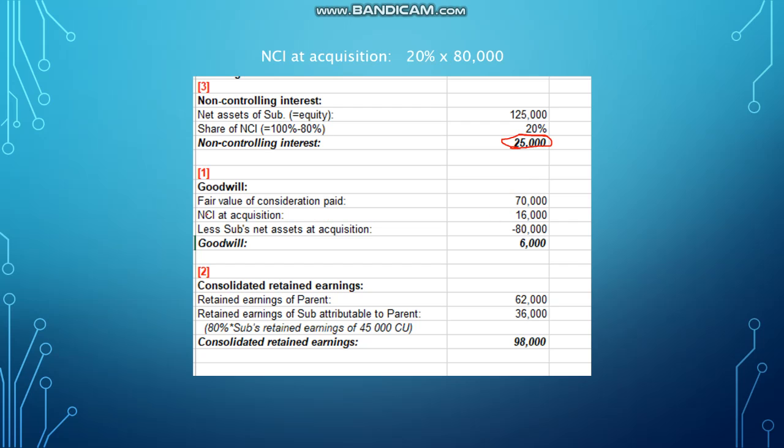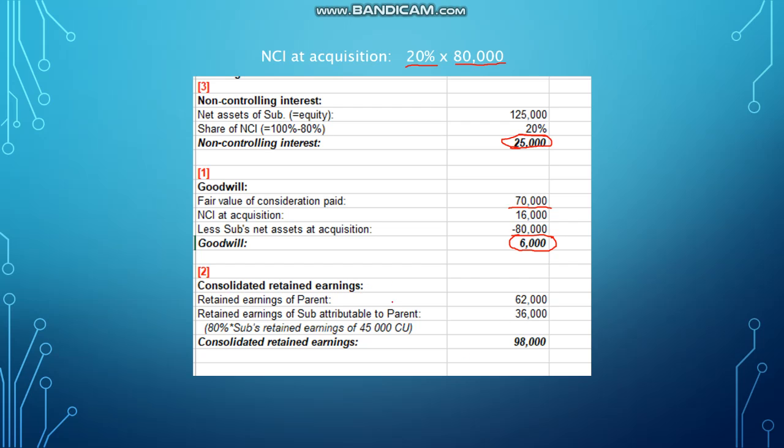Secondly, we'll do goodwill, which is the fair value of the consideration paid, which is in other terms our purchase price, which was that $70,000 investment in the subsidiary. Then the non-controlling interest at acquisition, which is the non-controlling interest percentage shown up here, multiplied by the 80,000 shares that were initially there in our acquisition. And so we'll subtract that in order to get our goodwill of $6,000.